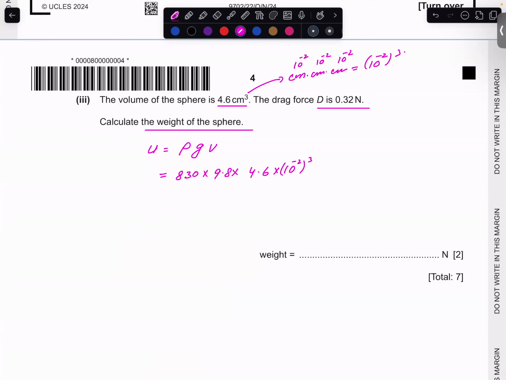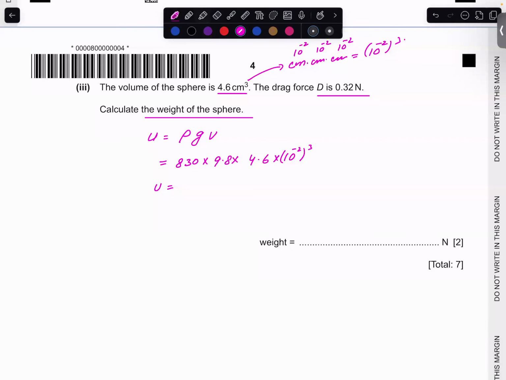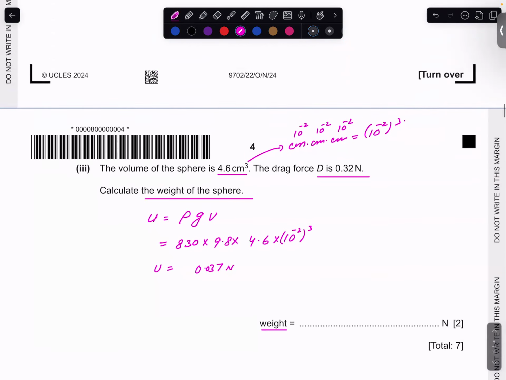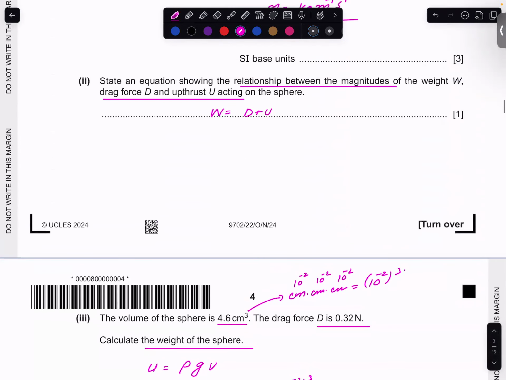After solving, the final upthrust force acting on the body is, let me check with the calculator once again, 0.037 Newton.